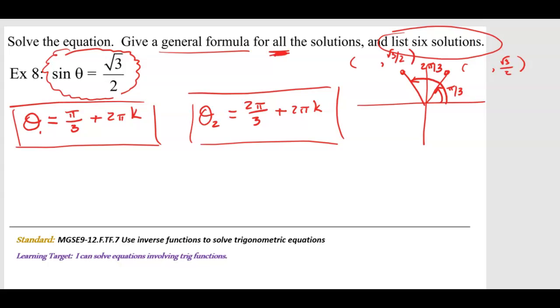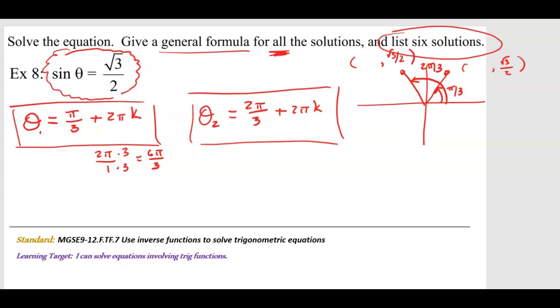So before I do that, I just want you to see that if I'm going to plug in a whole bunch of different numbers for k to crank out 6 distinct solutions, I want to make these a little bit easier to deal with. So I know that 2 pi, in terms of a fraction with 3 in the denominator, would be 6 pi over 3.